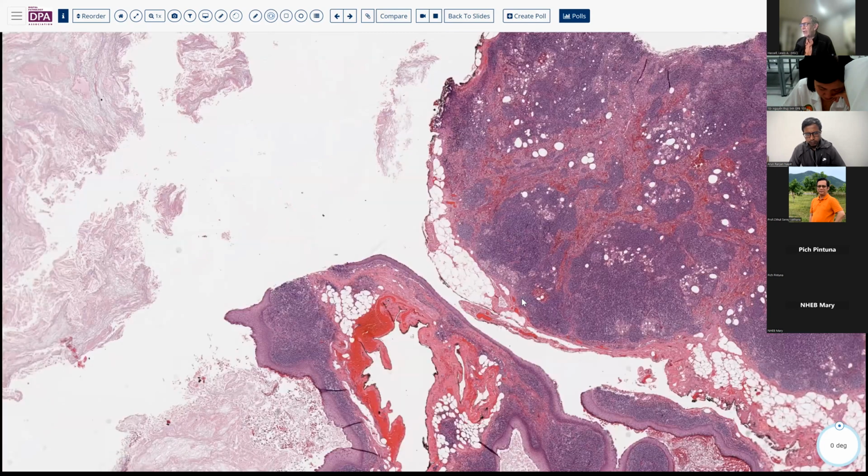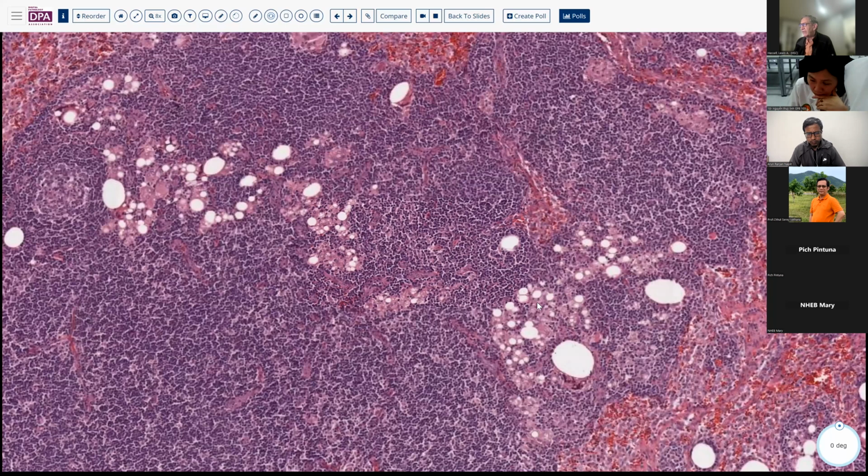Now, notice here you also see these lipogranulomata, little clusters of lipidized histiocytes within the parenchyma. This is usually the indicator of some sort of alteration in the fat metabolism in the areas surrounding these lesions.